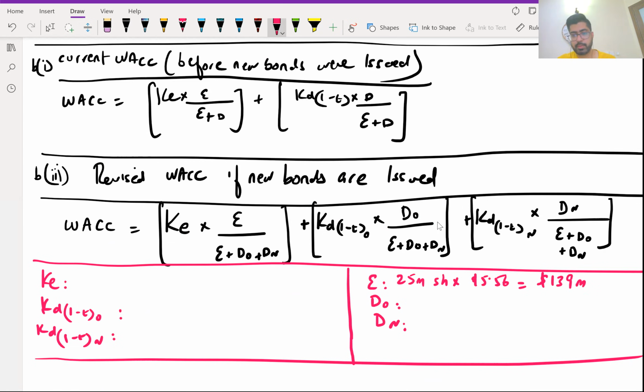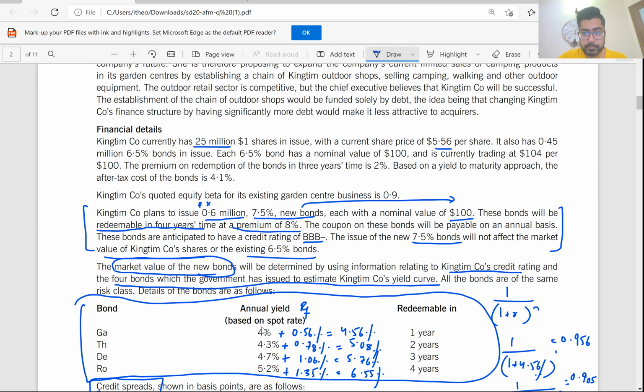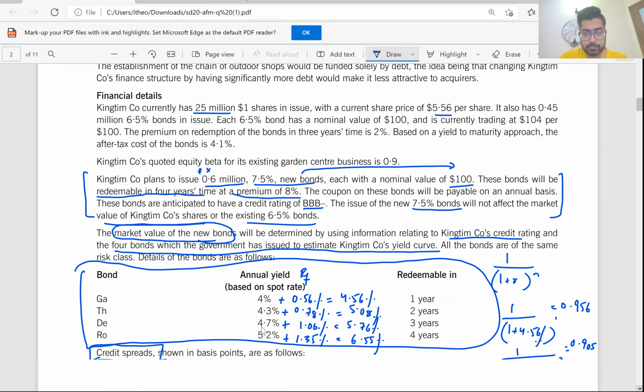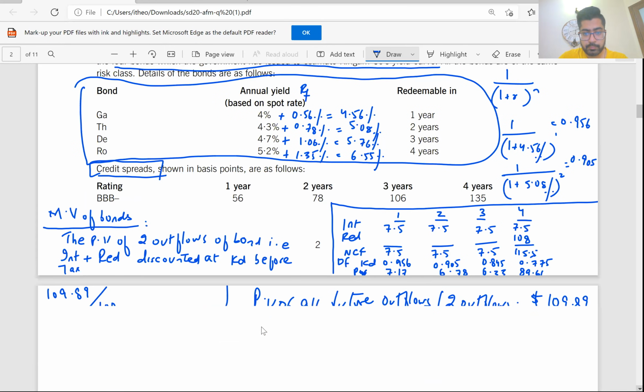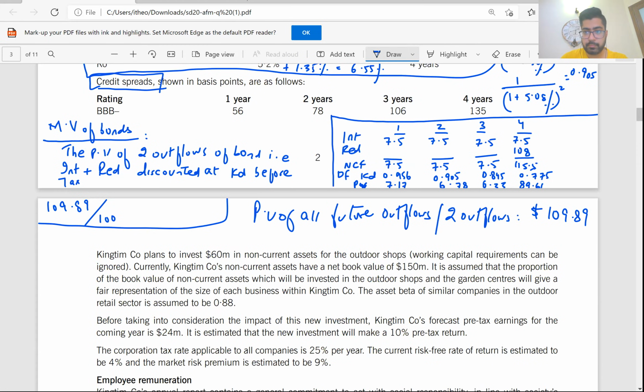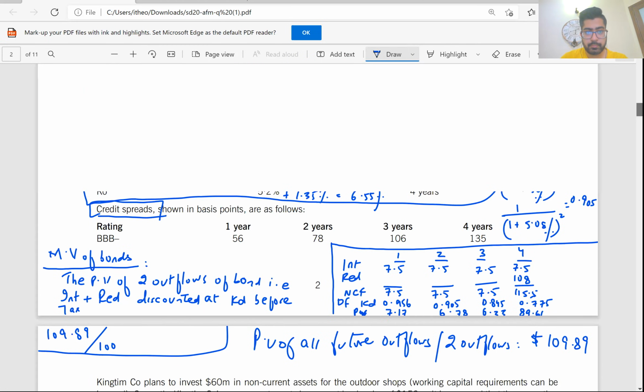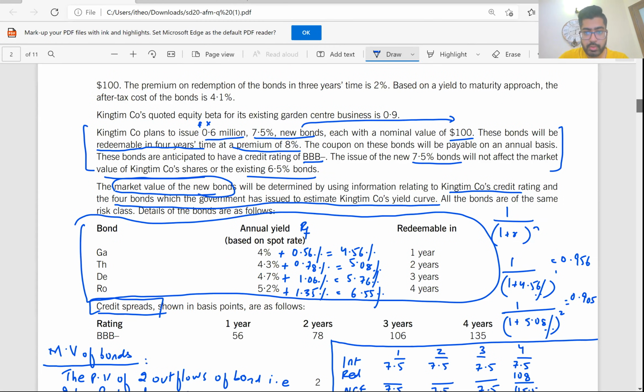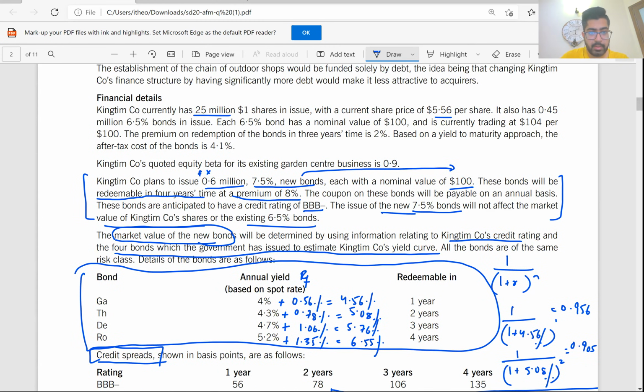Okay, this is the market value of equity. Why is it not changing? It's clearly mentioned that the issue of new bonds will not affect the market price of shares and the existing bonds.